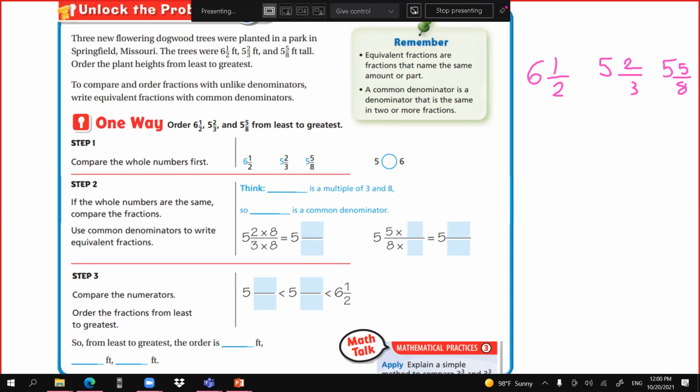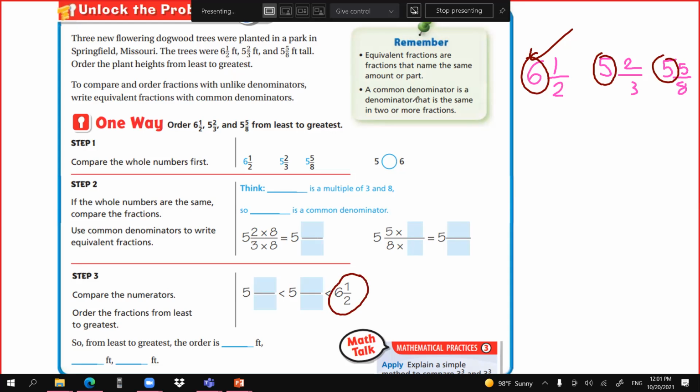I have 6.5, 5 and something, 5 and something. So what is the greatest? First, you have to compare the mixed numbers. We have 6, we have 5, and we have 5. The one with the greatest mixed number is the greatest, so 6.5 will be the last one.